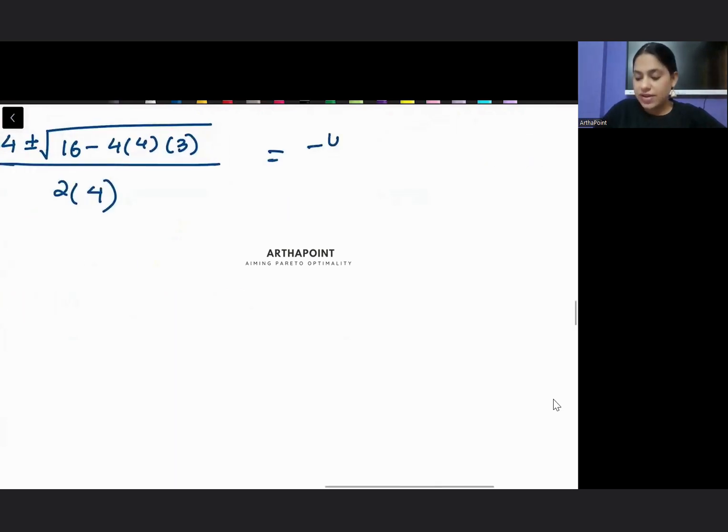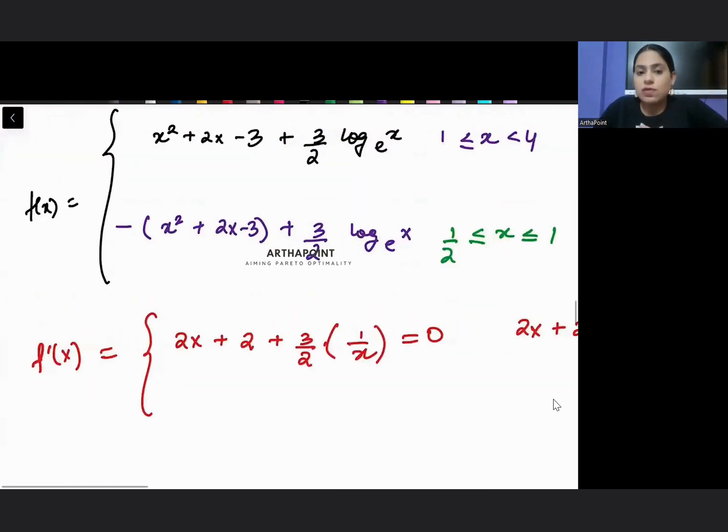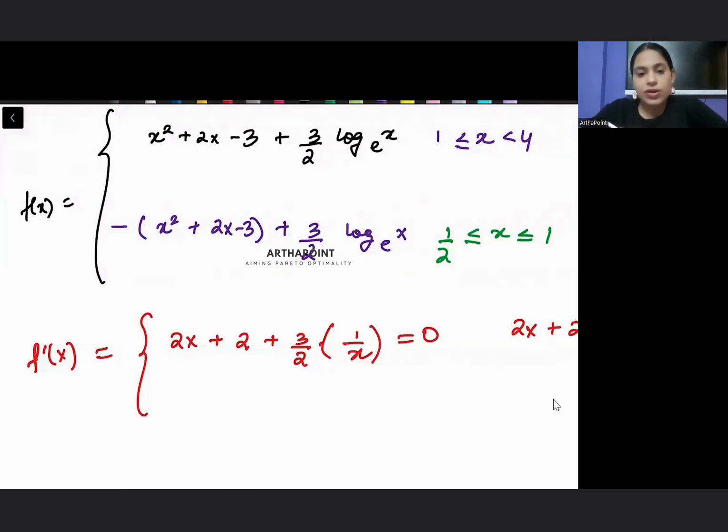This is going to give you minus 4 plus minus root 16 minus 16 into 3, 64 by 8. So this is not solvable. If you notice, I'm not getting any roots of this function, which implies that I am not getting any roots between 1 to 4. I am not able to solve it for any value of x here, right?